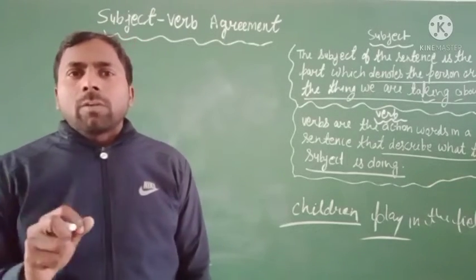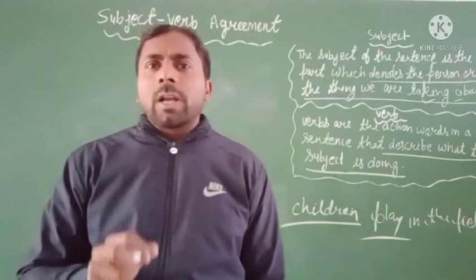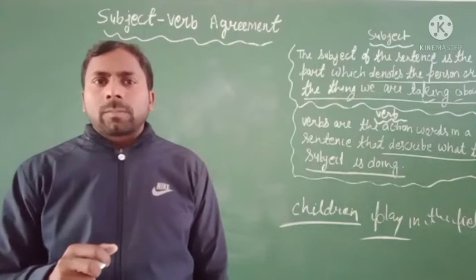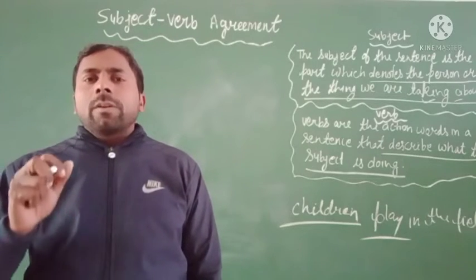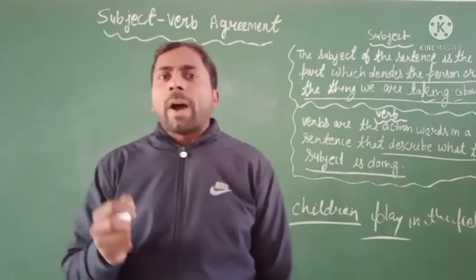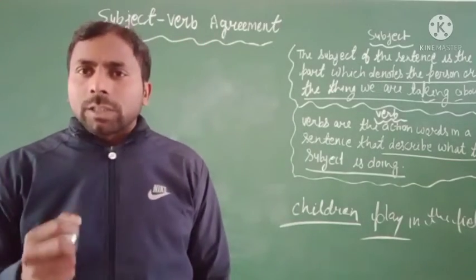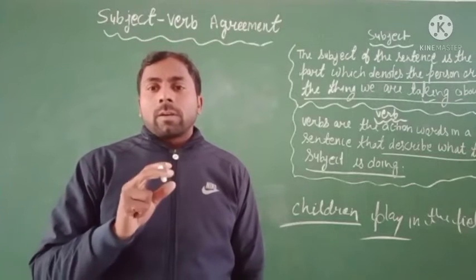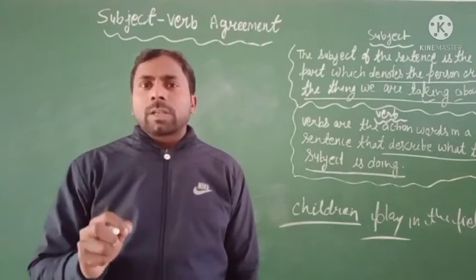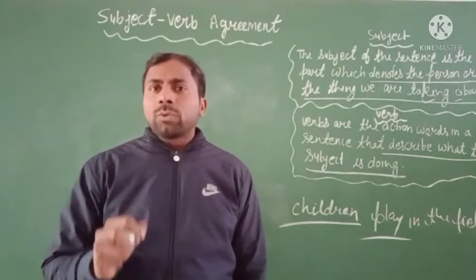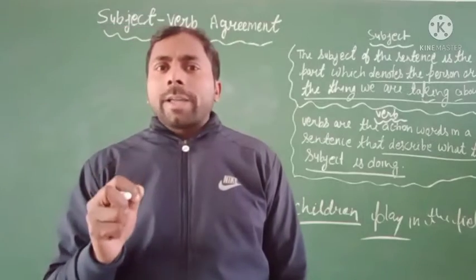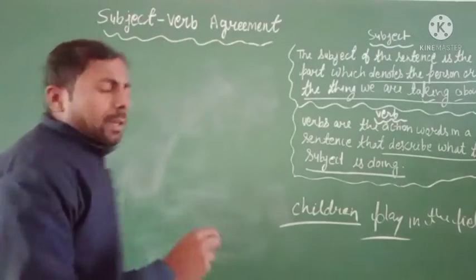Now sometimes it is difficult to tell whether the subject is singular or plural, and I will give you some hints that will help you find out if the subject is singular or plural. Clear? Rule number one: two or more singular subjects connected by and usually take a verb in the plural.